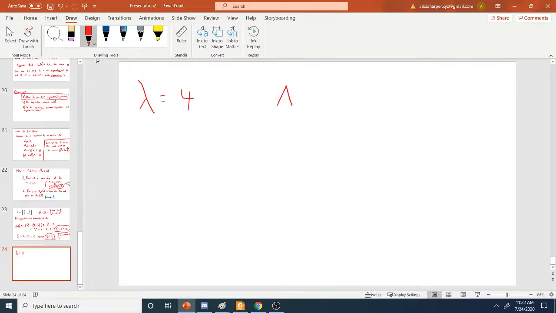In this case, A minus the identity matrix times 4 is going to be the matrix -1, 3, 2, -6. So I must find the null space of this.